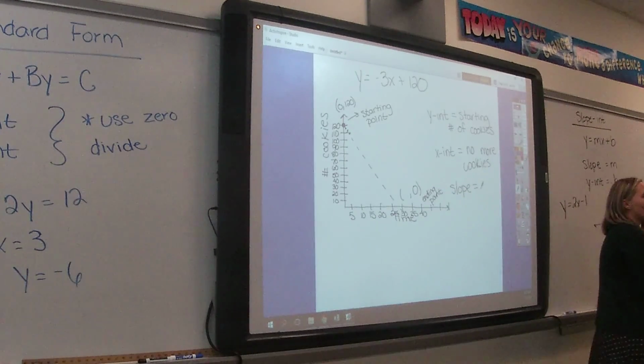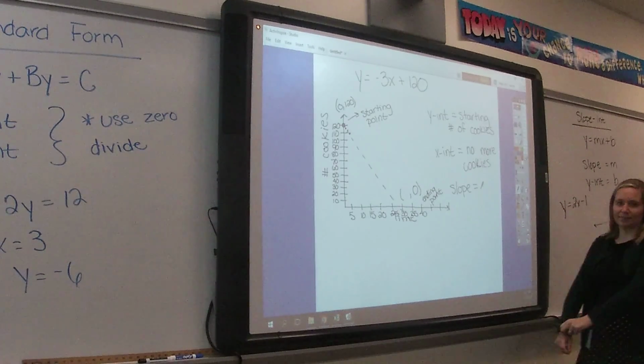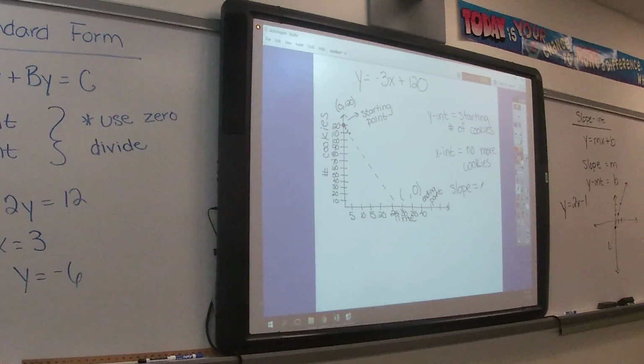What does our slope represent? Slope is always a rate of change if it's getting a label. Does that help at all?